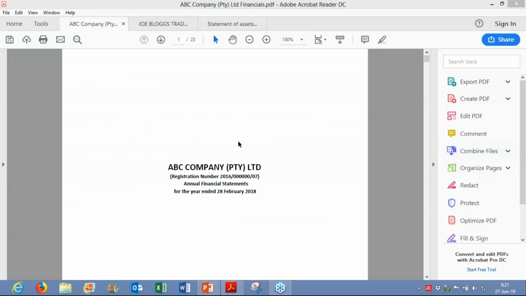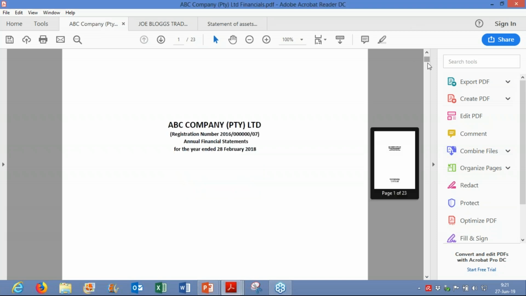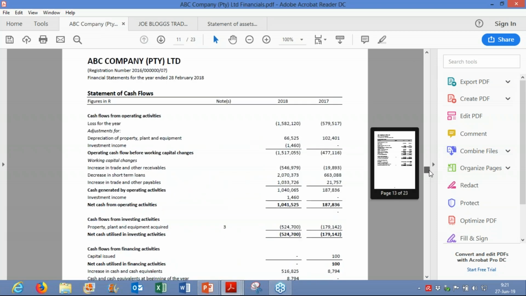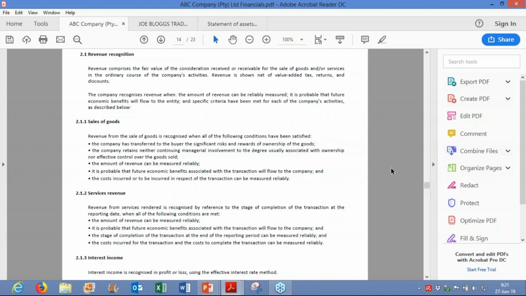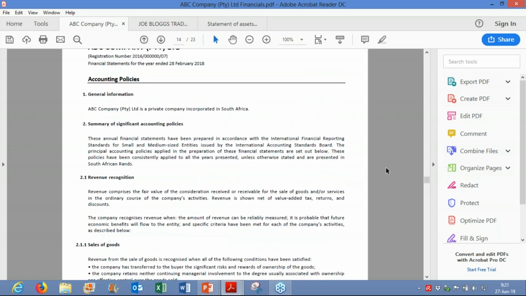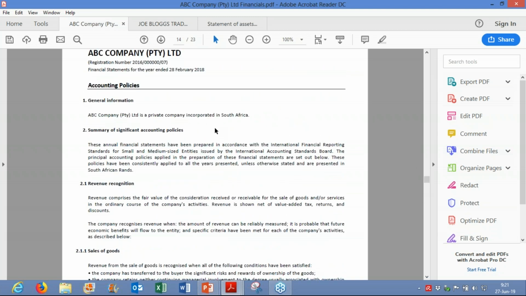If you look at your financial statements and you page right the way back to your accounting policies, you'll see here we start with the accounting policies. You'll see that there's a summary of significant accounting policies, general information. And usually right at the beginning here, it says which financial statement framework or which accounting framework is being used.